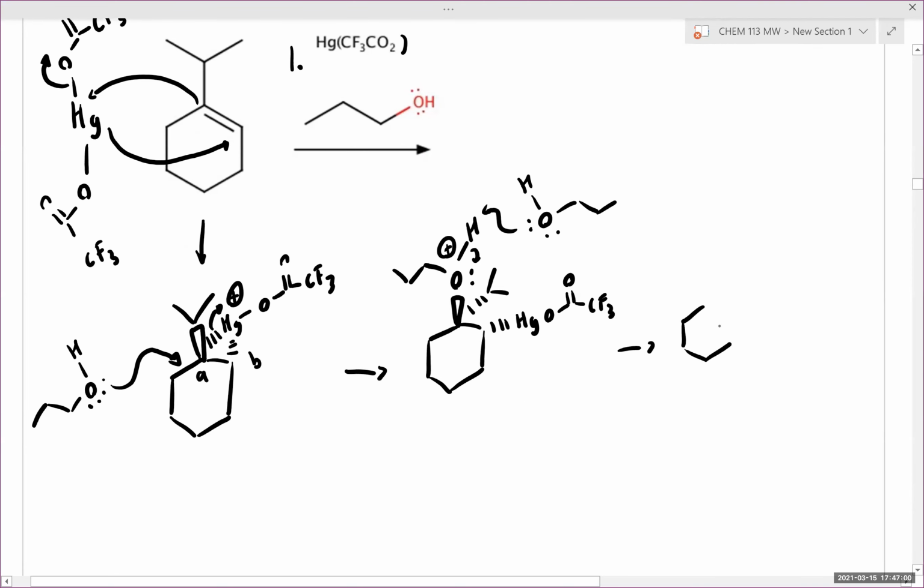In this case, it would be trifluoroacetate. And that gives us our neutral species, plus the enantiomer.